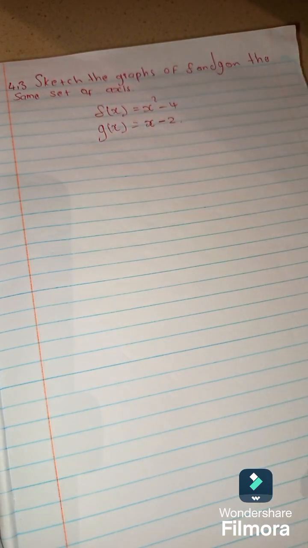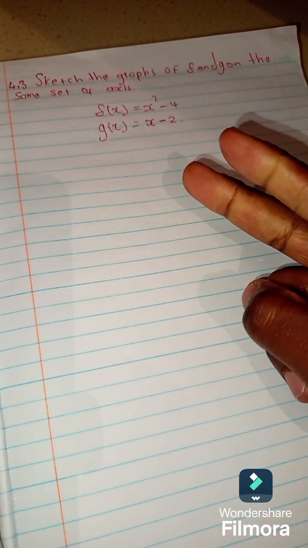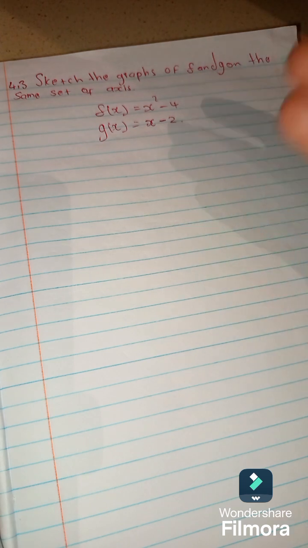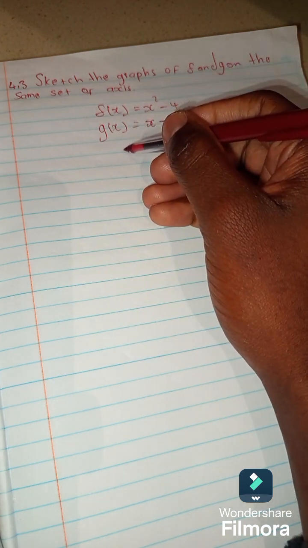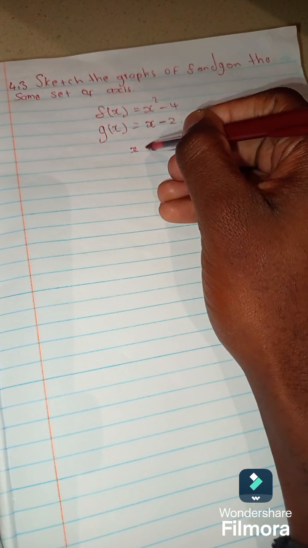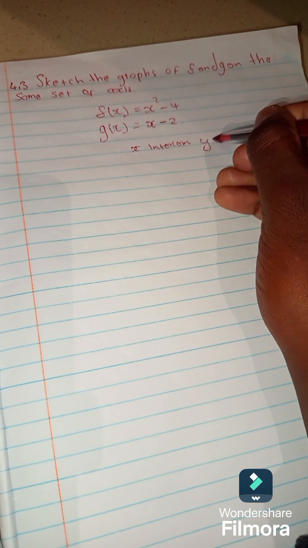Okay. Now with this information, what we just have to do is to calculate the two values of x where the parabola is going to cut the x-axis. So that is the x-intercept, then y is what? 0.